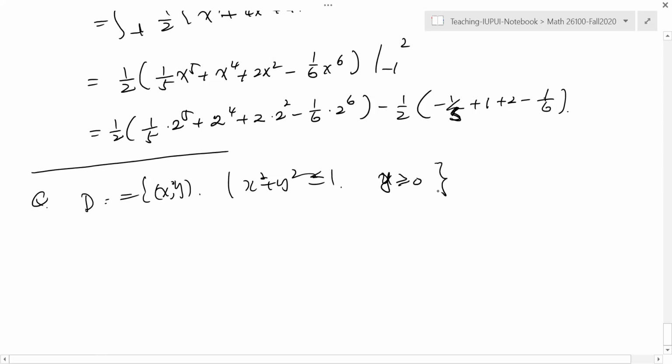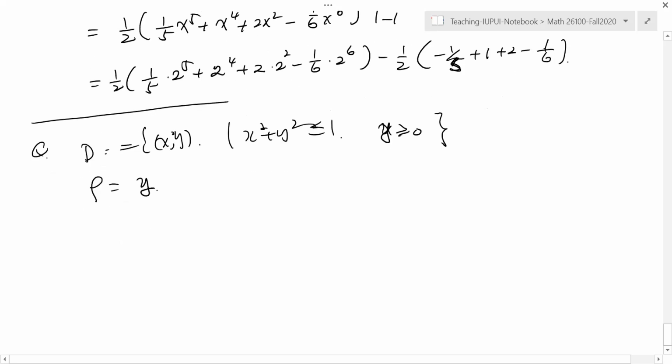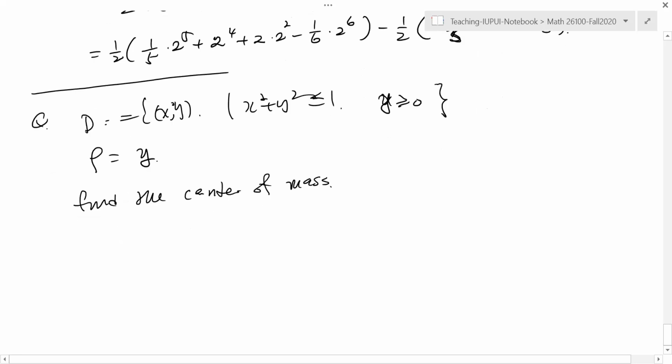Okay, so usually this is the type of problem we put on the test. I don't want you to do very complicated computation. The density function is y. Okay, so find the center of mass. This is kind of a typical problem. But you look at the picture.